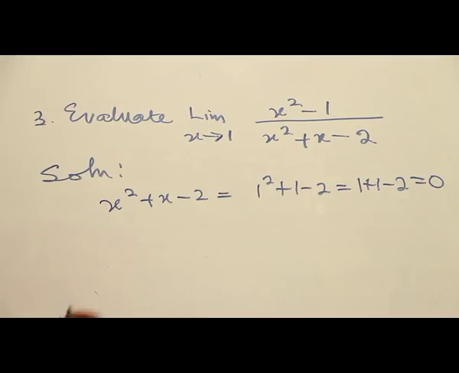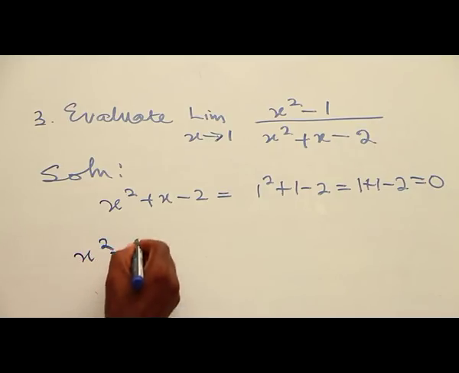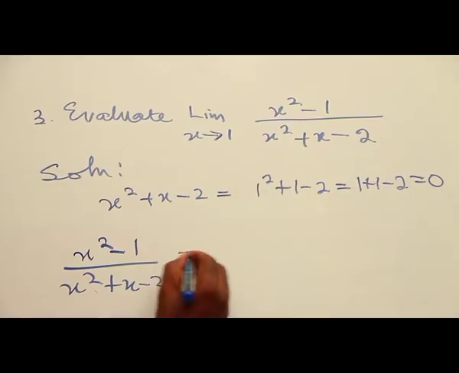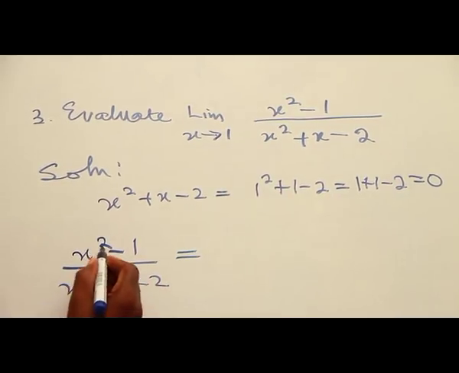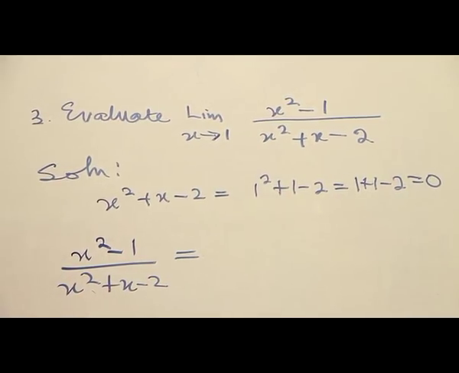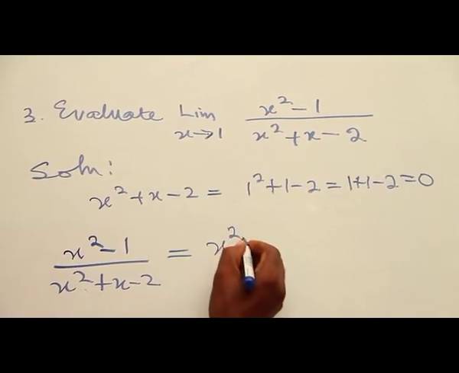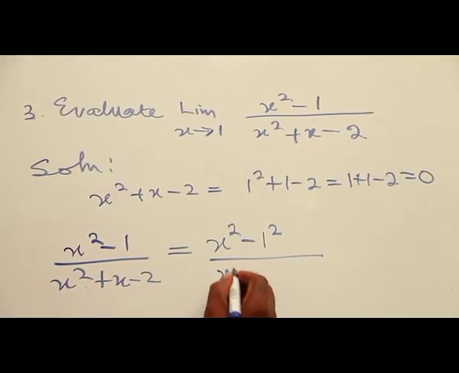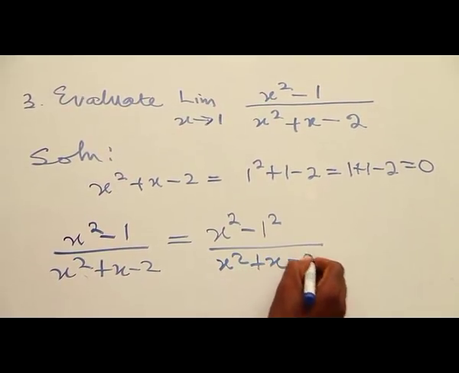As you can see, we can factorize s squared minus 1 all over s squared plus s minus 2. Our s squared minus 1 is the difference of two squares, which means we apply s squared minus 1 squared, all over s squared plus s minus 2.